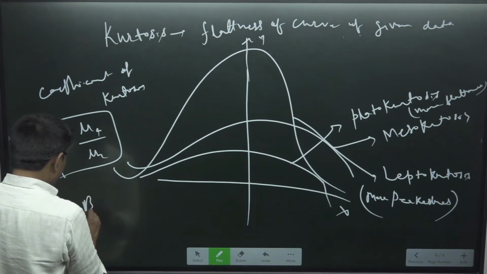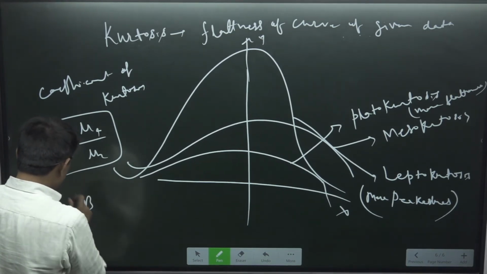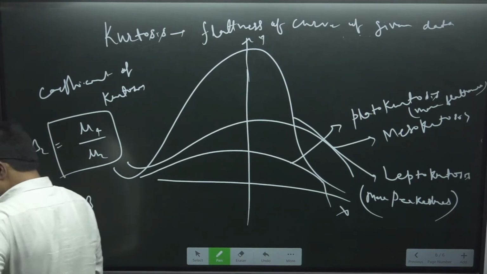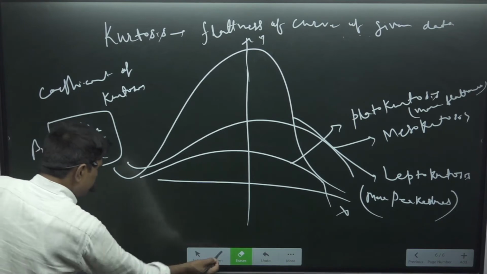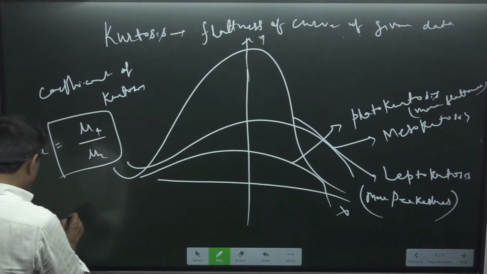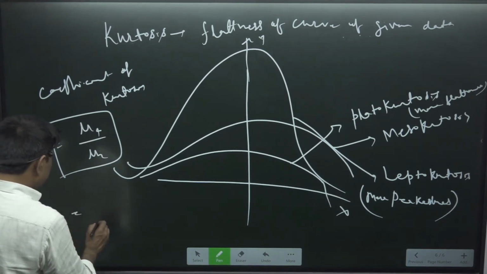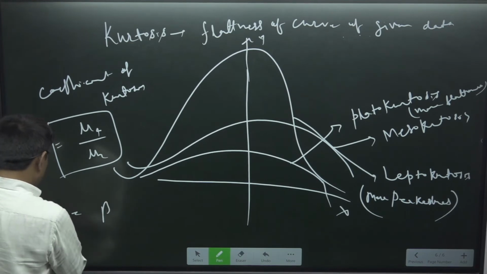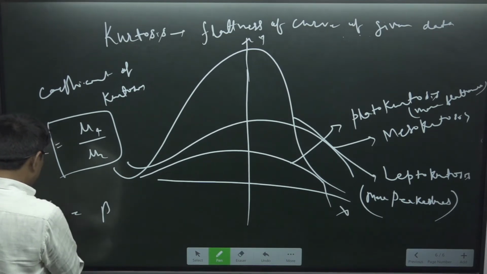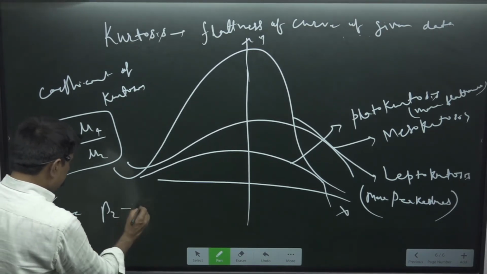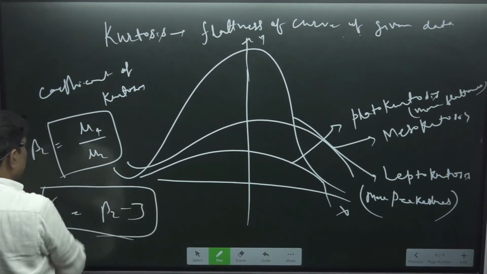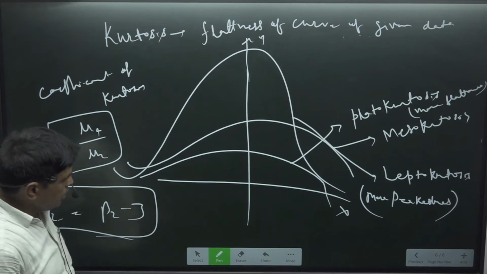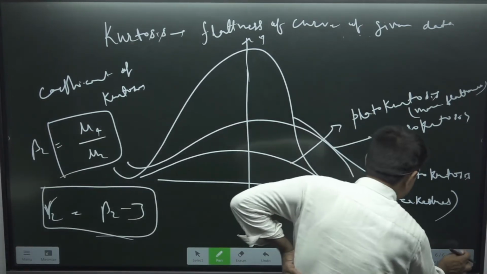Another formula for finding the kurtosis is gamma 2, which is represented as beta 2 minus 3. These are the two formulas for finding the kurtosis. One by one we represent this.